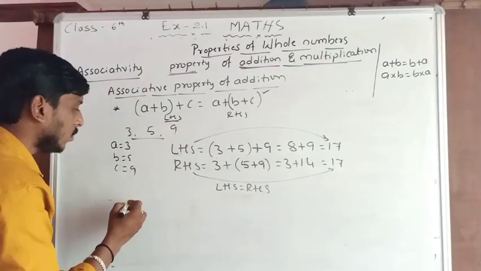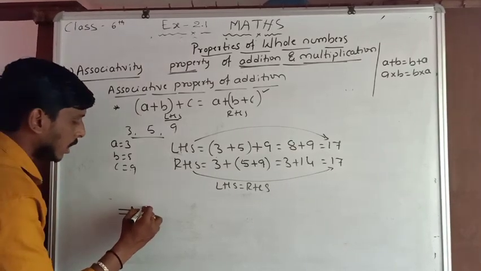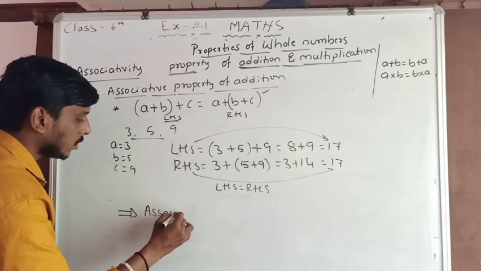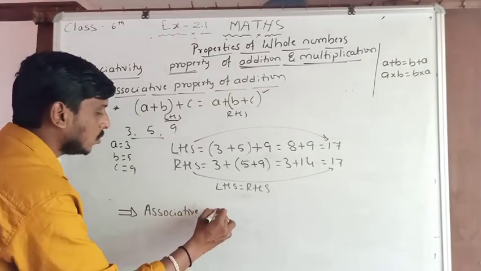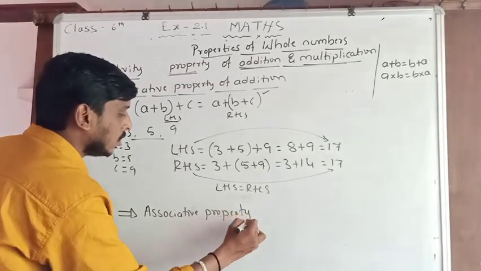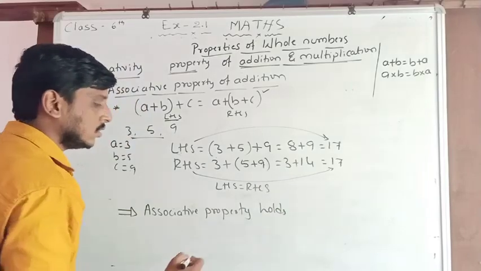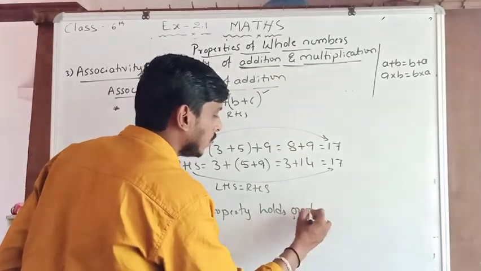Therefore, finally, how can you write the conclusion? Associative property holds good. Associative property holds good is nothing but satisfied. Associative property holds good for which operation?